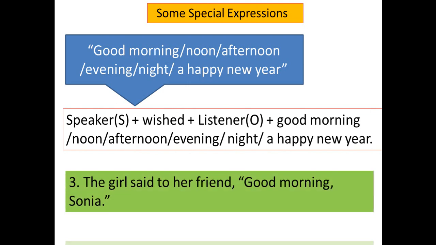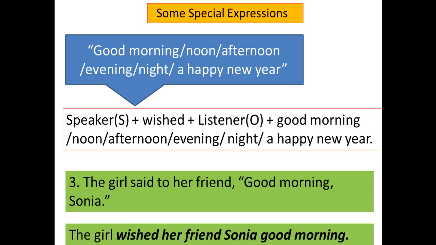And the indirect one is: the girl wished her friend Sonia good morning. Okay, so these are nothing troublesome, rather they are very easy if you are very attentive to your class. Okay, let's see what is waiting in our next slides.